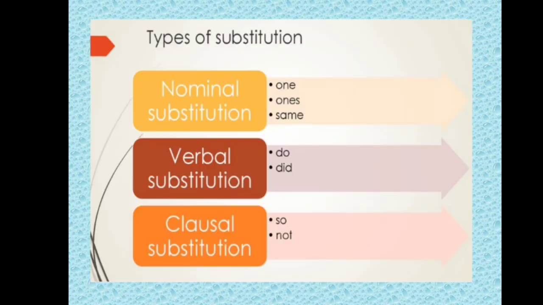Kemudian ada types of substitution. The first one is nominal substitution. Ada one, once, same. The second one is verbal substitution. Ada do, did, does, and then clausal substitution. There are so and not.